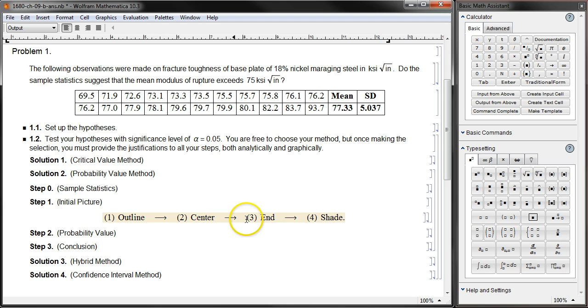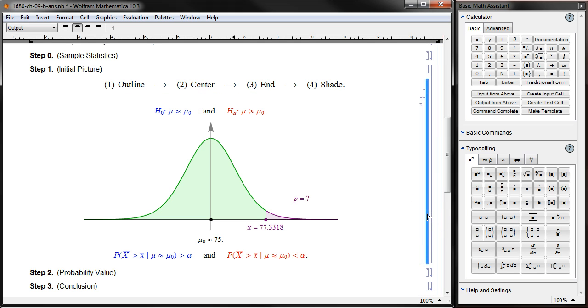The key and shade part must reflect the p-value approach. And it will be the x bar, as you see here. X bar 77.33, the observed mean, and the probability that exceeds x bar is my p-value.